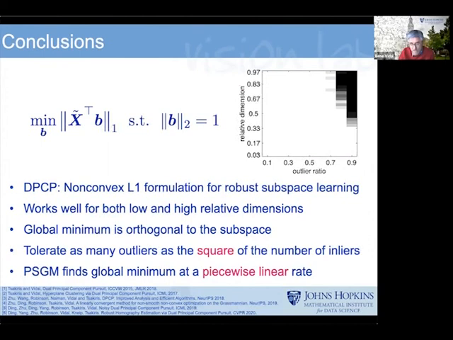And it can tolerate more outliers, but then the dimension needs to be a little bit smaller. And it only fails in the very high dimensional regime with a very high number of outliers.